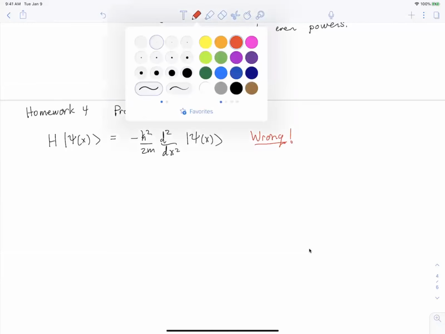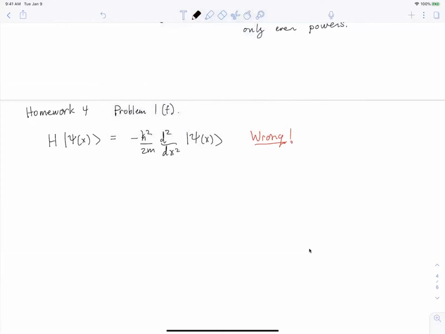And the reason is because it doesn't actually even make sense. The differential operators, for example, the second derivative, this is something that acts on wave functions, not on kets. Okay, and kets are not wave functions. They're conceptually different things.